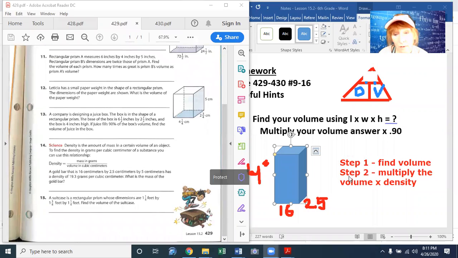So step 1, find the volume of this picture here that we drew. Step 2 is multiply the volume that you get in the answer times the density, which we found in the problem to be right here, 19.3 grams. Okay, multiply volume times 19.3. So that's a hint for 14. That's kind of a toughie.